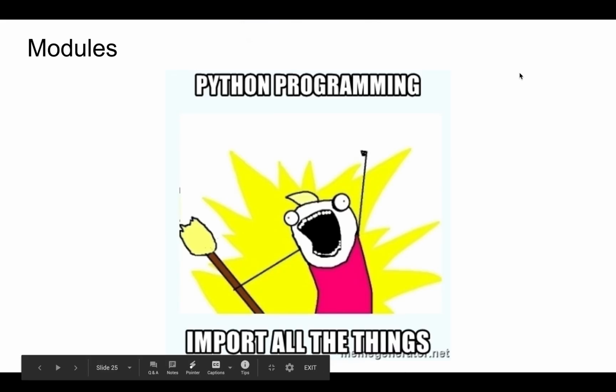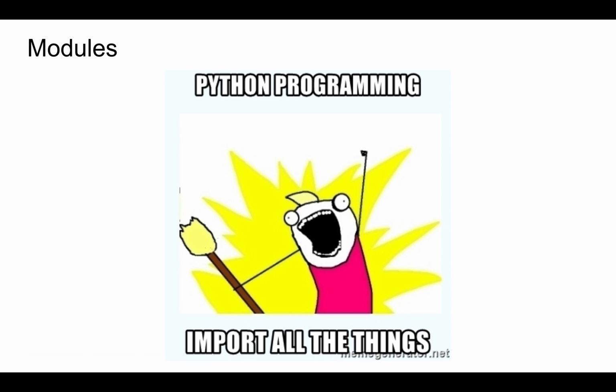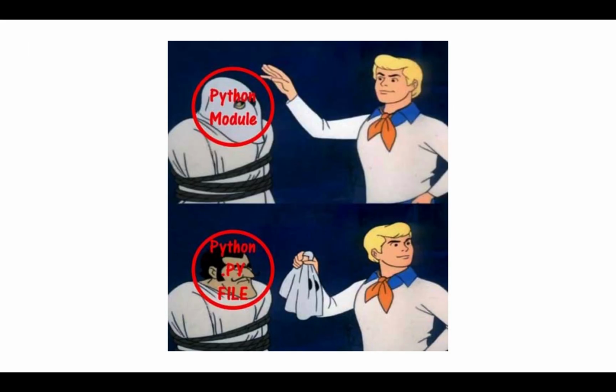Okay, modules. Modules are used in order to divide a program into smaller chunks. This means that they are Python files that have declared functions and classes that can be used in other modules, or they can also be imported into our main program.